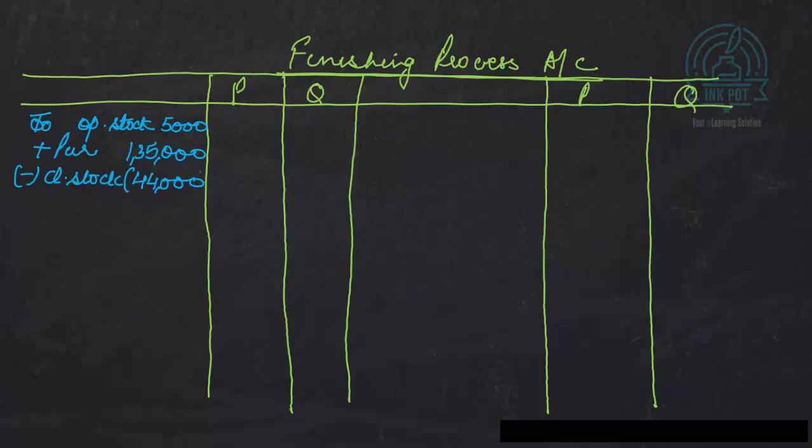So closing stock is 44,000. Now this comes out to be 96,000.